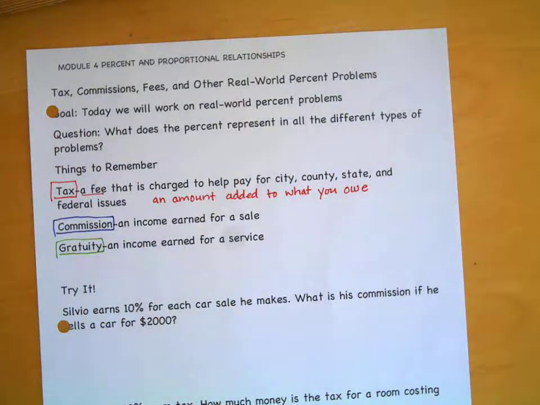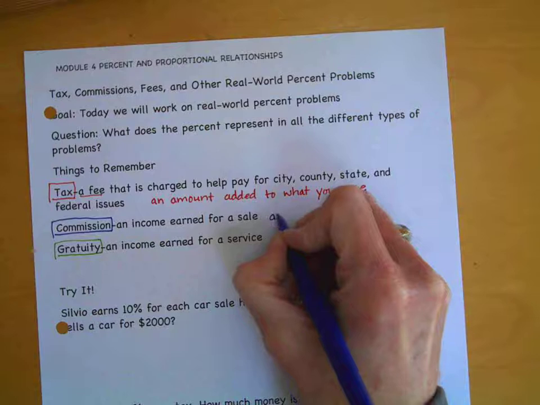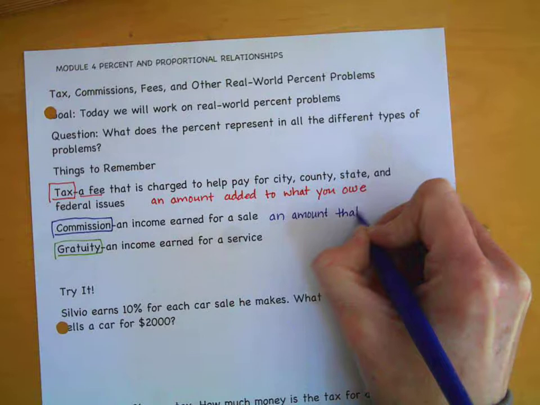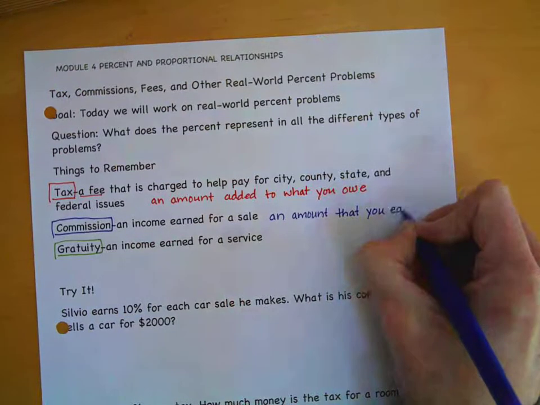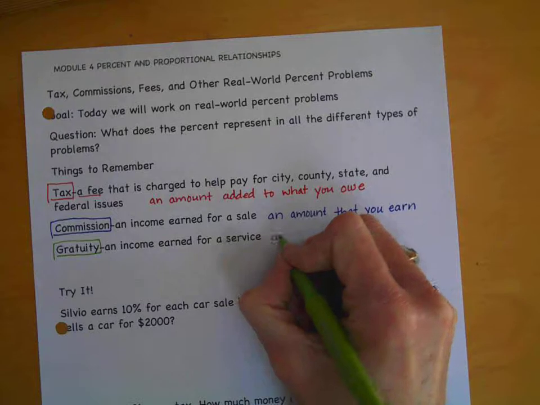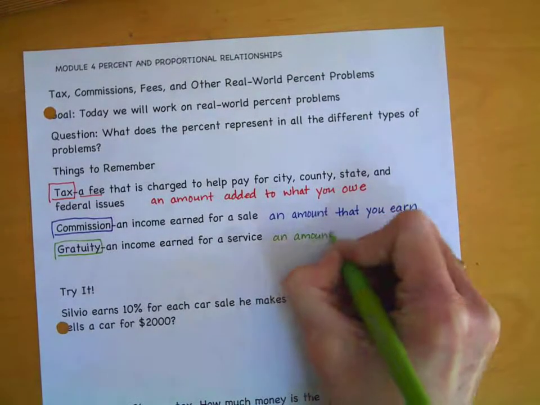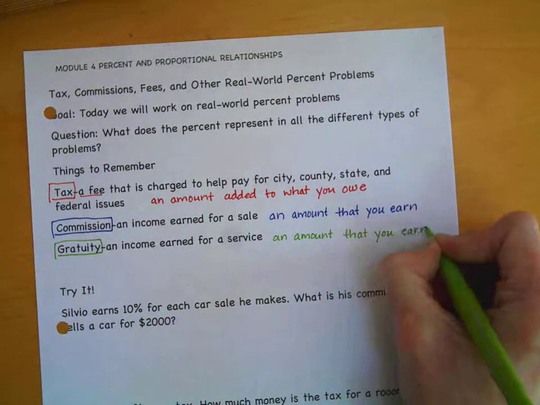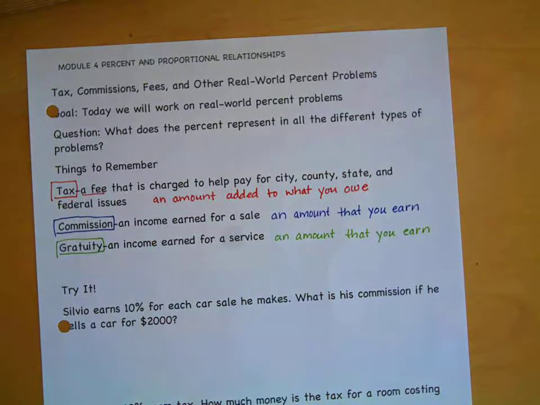A commission is an amount that you earn. And then a gratuity is also an amount that you earn. So I look at commissions and gratuity as good things because the person is getting money, whereas a tax is something that you have to pay, so it's something that you owe.